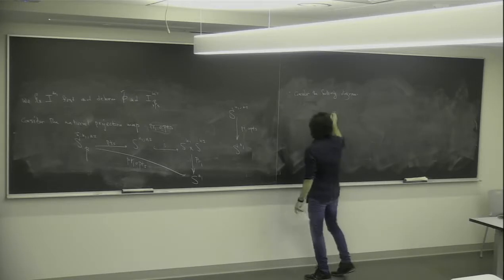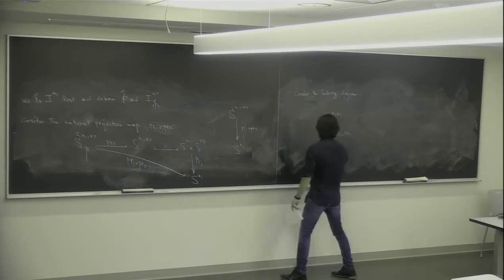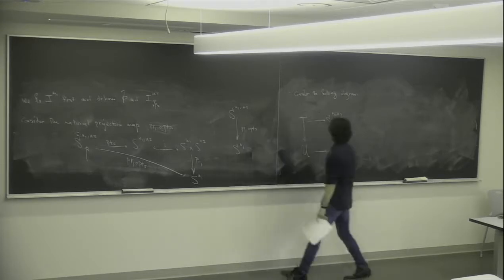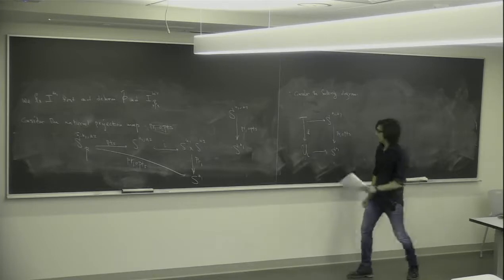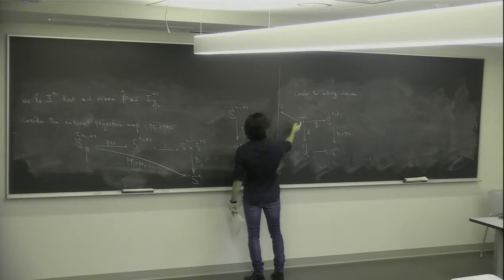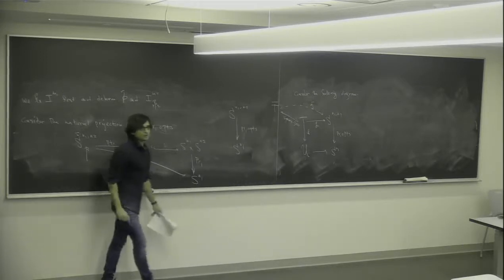So you have this map, the nested Hilbert scheme to S^[n1], via PR1 and the points map, and then I look at a map from some scheme U, and I call some scheme T. I call this map A, and let's call this map G. I look at a square zero extension of T to T prime, and the goal is to construct a map G bar from here to here.